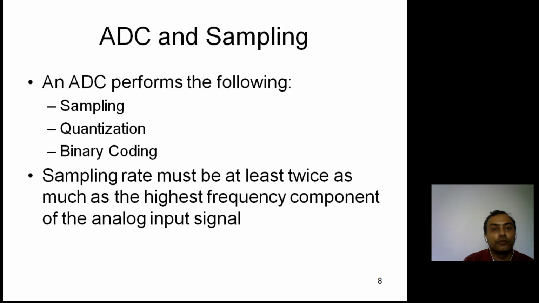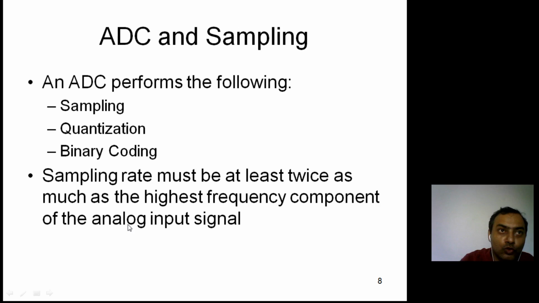It has been sampled. Now the sampling rate must be at least twice the highest frequency component of the analog input, that is, fs greater than or equal to 2fm. That is the formula given by Nyquist, and you are aware of that.